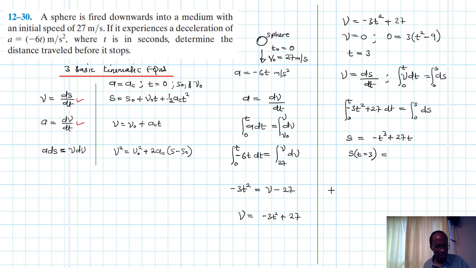Let's plug it in: minus 3 to the power 3, plus 27 times 3. This gives us 54. 54 what? 54 meters. So this is the distance when our sphere comes to a stop in the given medium.